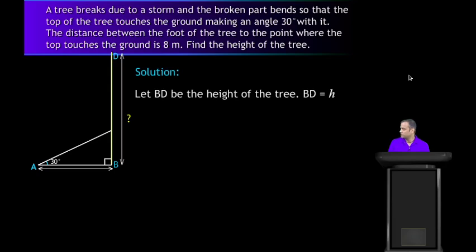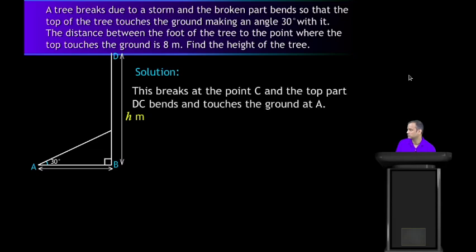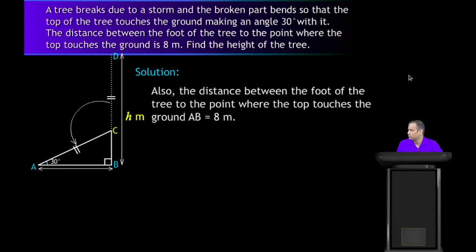Let BD be the height of the tree, which is AD, H. So the total height of the tree is H. This breaks at the point C, and the top part DC bends and touches the ground at A. So this is our triangle ABC. Now both sides are equal, AC and DC. Also the distance between the foot of the tree and the point where the top touches the ground is 8 meter.